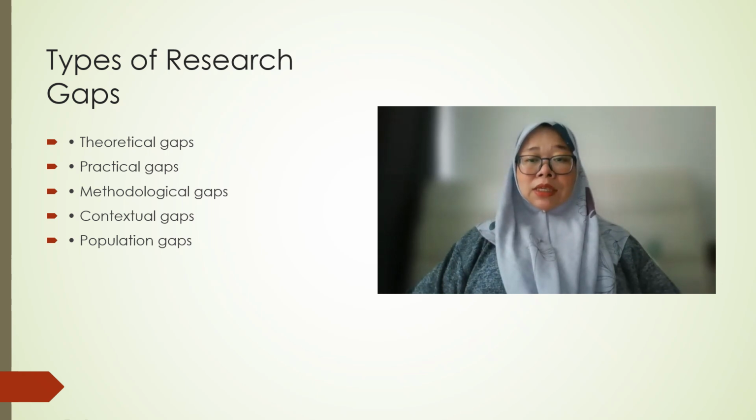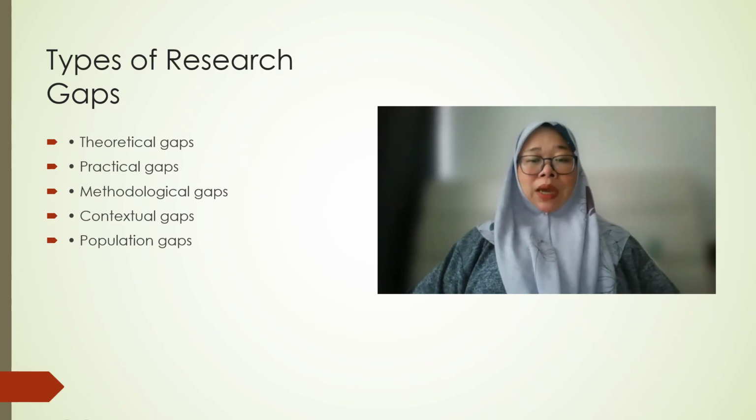Research gaps can take several forms. A theoretical gap can occur when existing theories do not sufficiently explain a phenomenon. A methodological gap emerges when past studies relied on weak or limited methods.